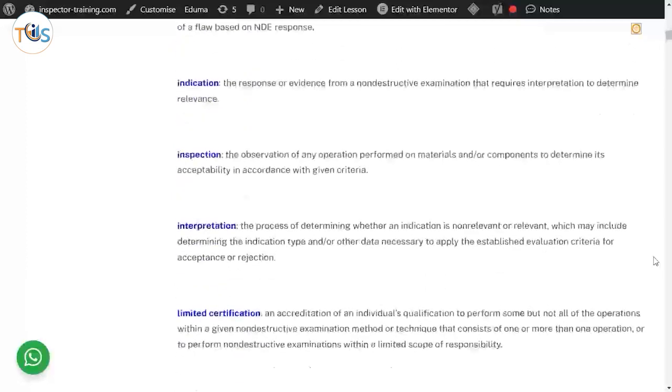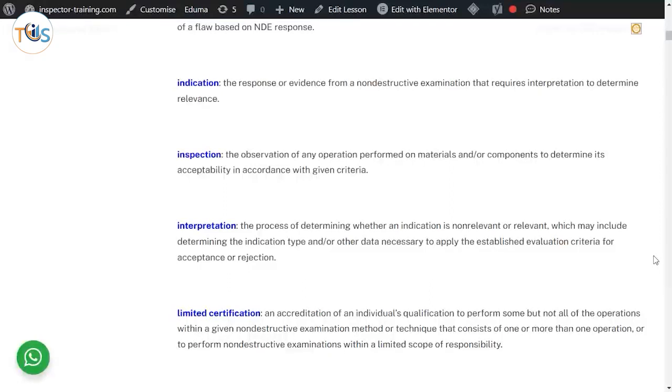And inspection is actually the observation. So QC, normally the term quality control, is actually doing the job. Inspection is observation that everything is in order, that it's complying with the codes. And normally inspection is carried out by the client's rep or client's inspector. Interpretation is the process of determining whether an indication is non-relevant or relevant.